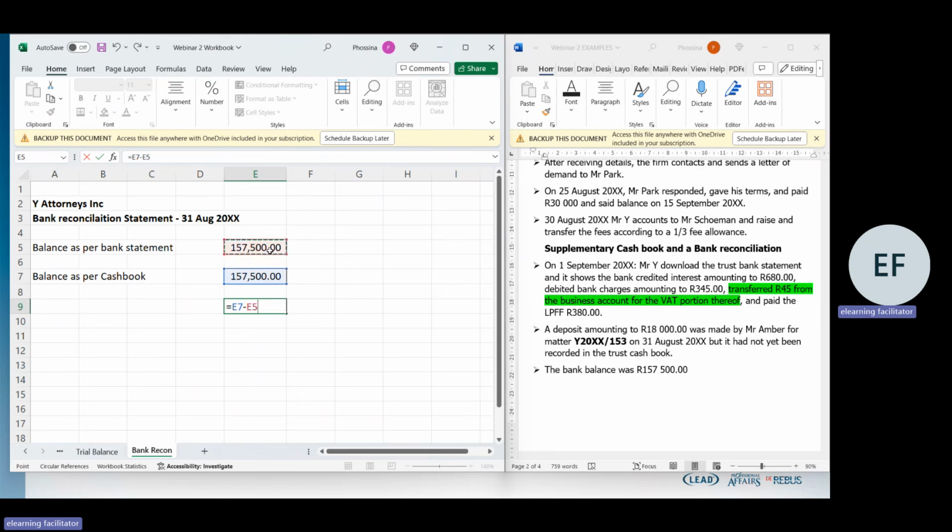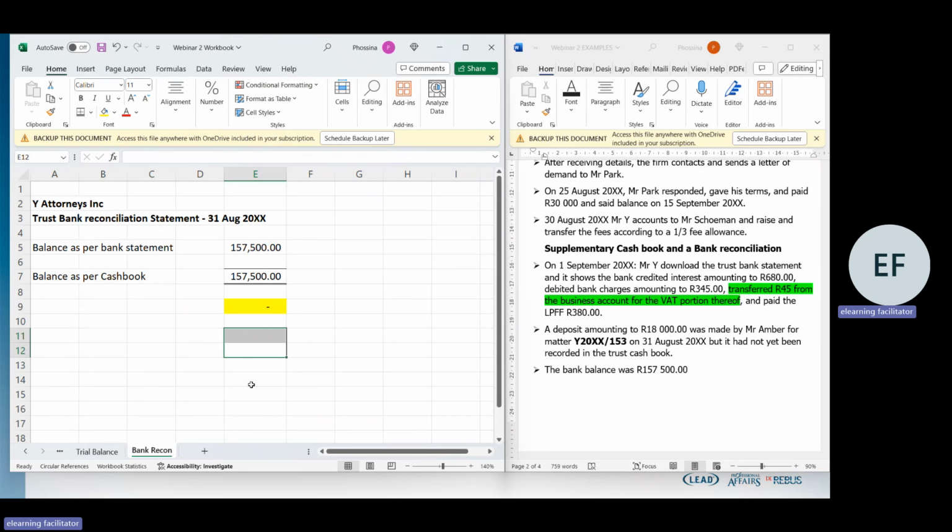We are balancing. Perfect. So this is for bank reconciliation. I hope you correct the typo. And this is for our trust account, trust bank reconciliation. So this is how we do our bank reconciliation.